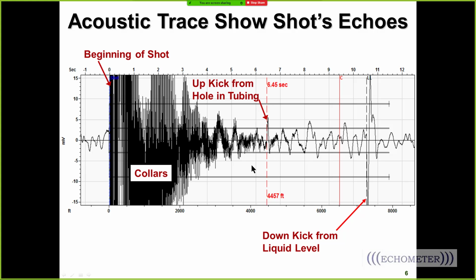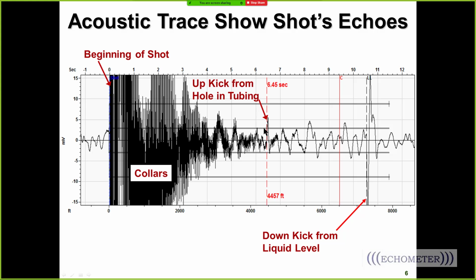And so we can use our depth reference line, turn that on in the software, and move that depth reference line down to this point and identify that this upkick at this depth, based on counting collars, is at 6.45 seconds, and based on the acoustic velocity, it's a depth of 4,457 feet, and that's where we suspect there's a hole in the tubing.